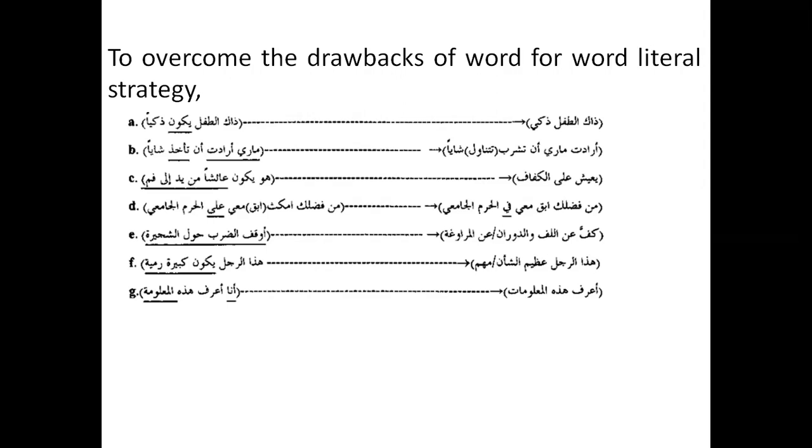No need to render أنا as a pronoun. أعرف هذه المعلومة or أعرف هذه المعلومات, because information in English is an uncountable noun. It can be a single piece of information معلومة واحدة, and it can be a collection of information معلومات. So in Arabic it is better to say المعلومات for information.